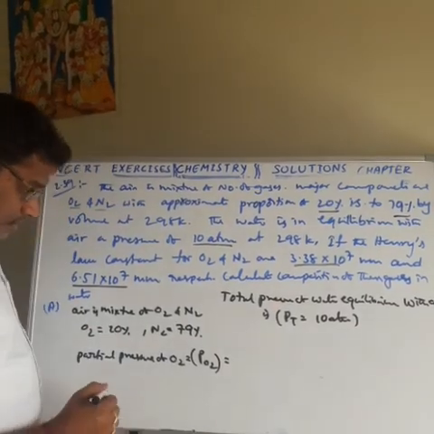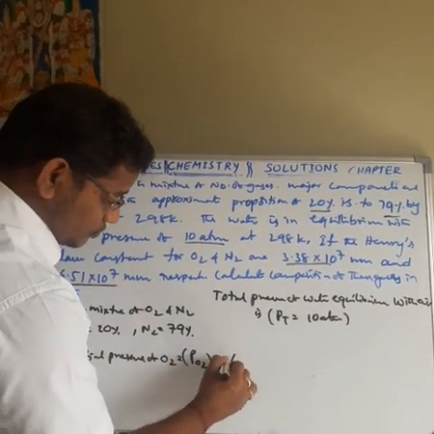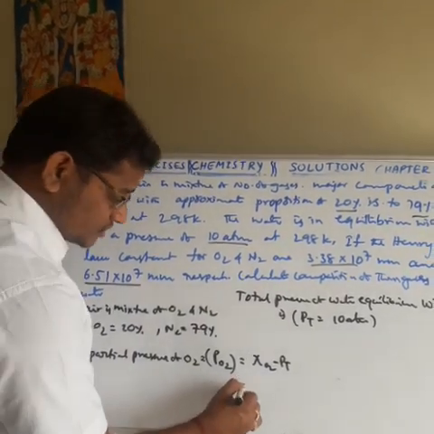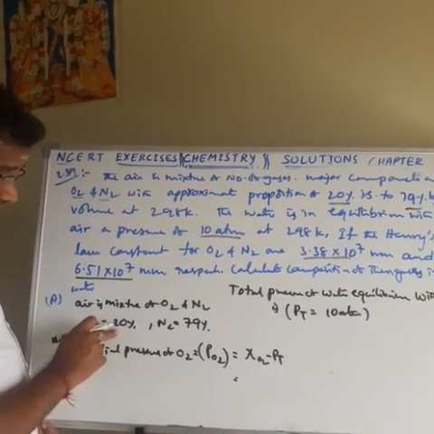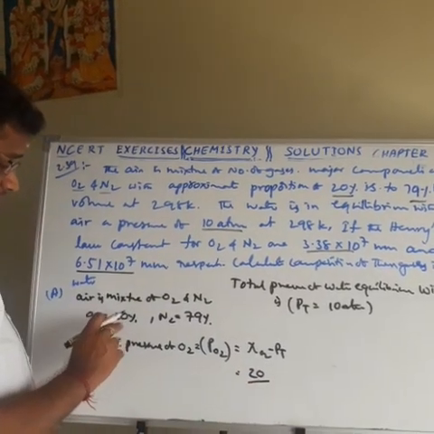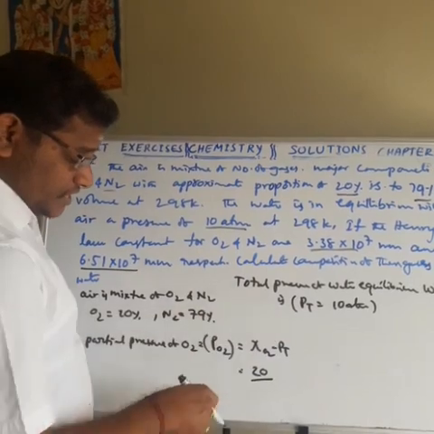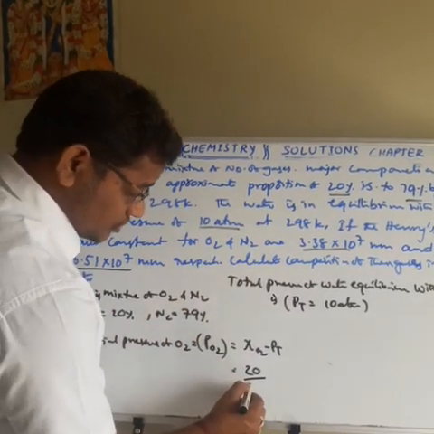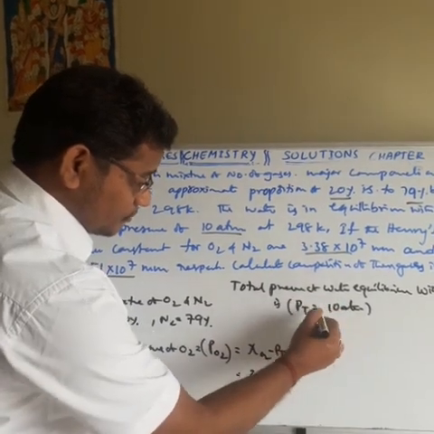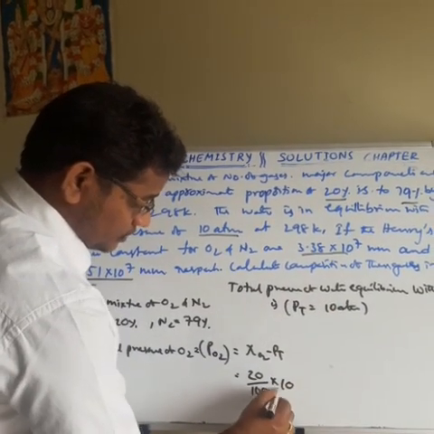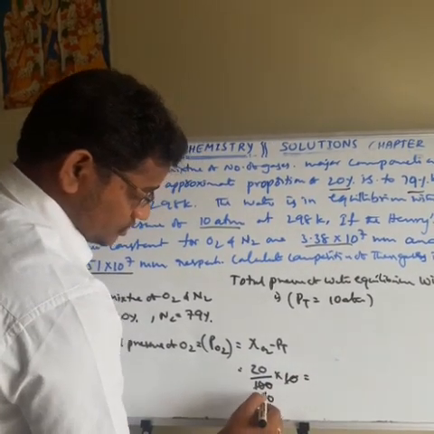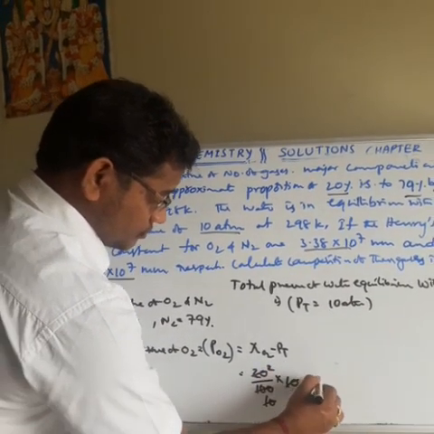So the partial pressure of oxygen is equal to the mole fraction of oxygen times the total pressure. The mole fraction of oxygen is the percentage, 20, divided by the total, 100, the oxygen and nitrogen with the remaining inert gases, times the total pressure, 10.